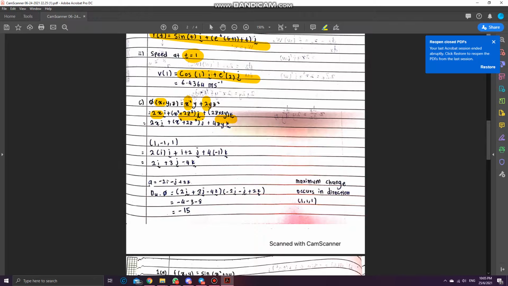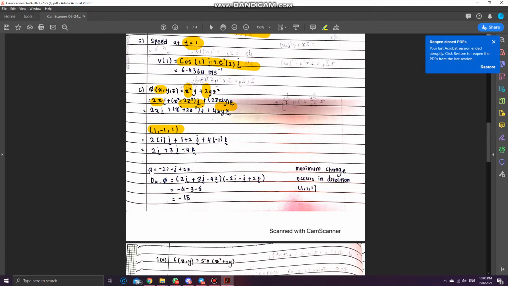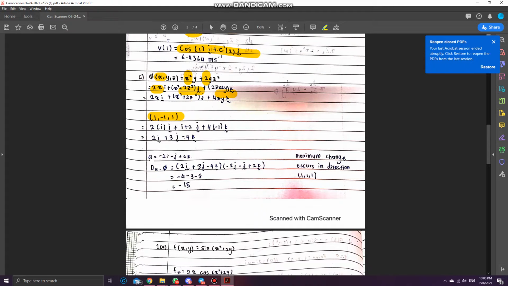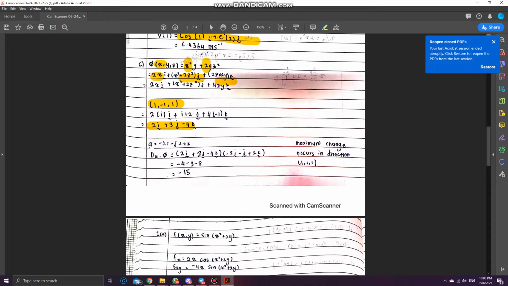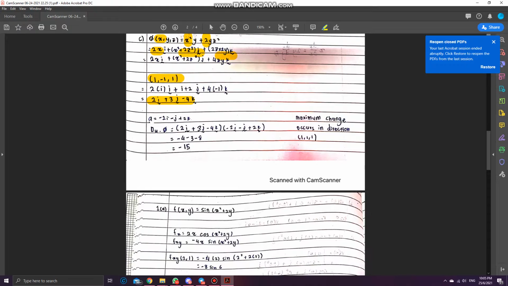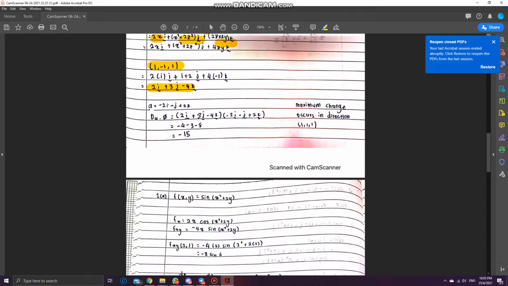The question is given at point 1, negative 1, and 1, so we substitute the values of x, y, and z, and we will get this answer. We continue to find the dot product, and then we will get 15 for the answer.